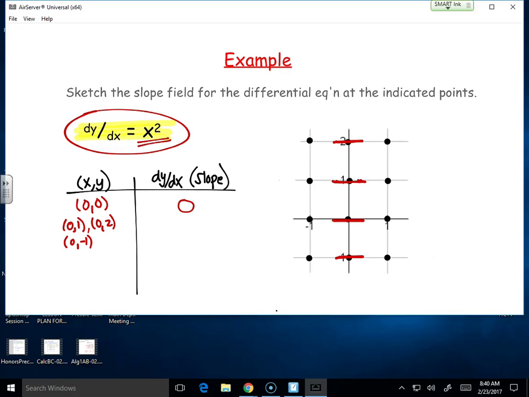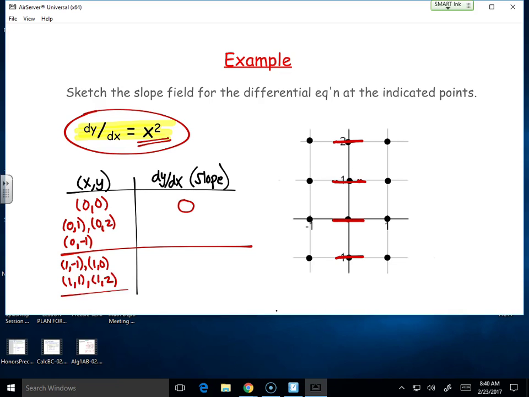What am I going to do for every single point where the slopes are 1? Where do I start? 1, negative 1? 1, 0, 1, 1, 1, 2.